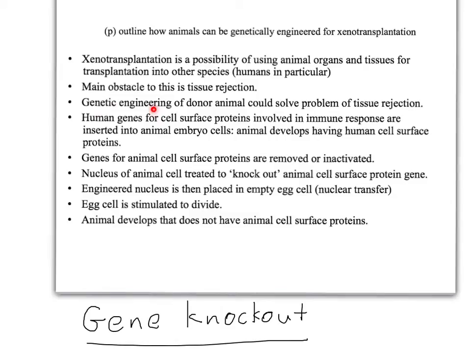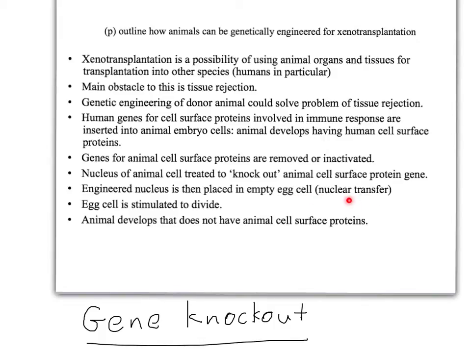To get around this problem, genetically engineering the pig cells not to have pig antigens, and also genetically engineering them to display human antigens. And then once you've engineered the cells, you then do some cloning by nuclear transfer.